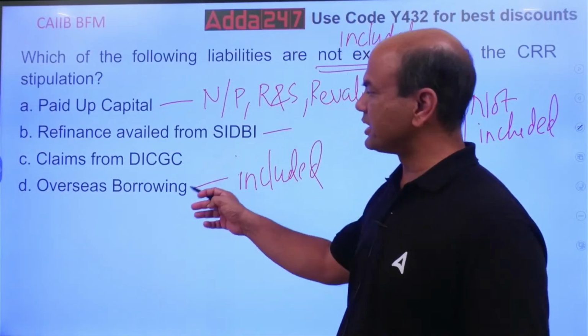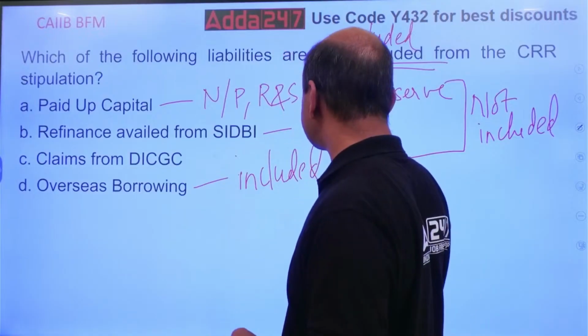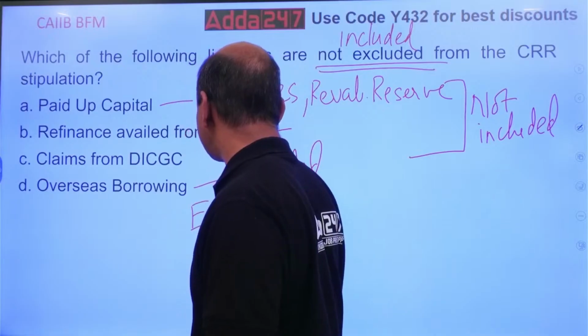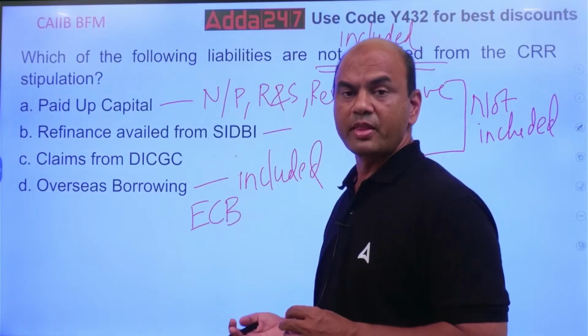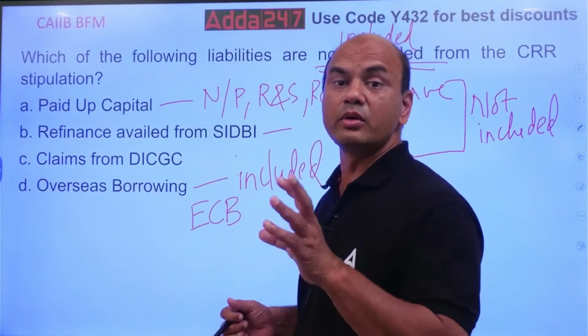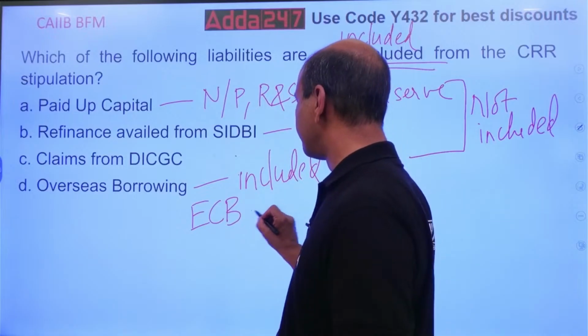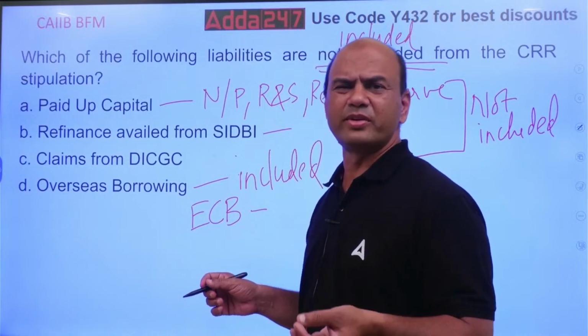What do you mean by overseas borrowings? Here we mean ECB, external commercial borrowing. Kindly note. In ECB, what do we do? The bank takes the loans or gets the funds from some other bank in the US or any country at a lower rate of interest. So this ECB is at roughly around 2.5 to 3%.